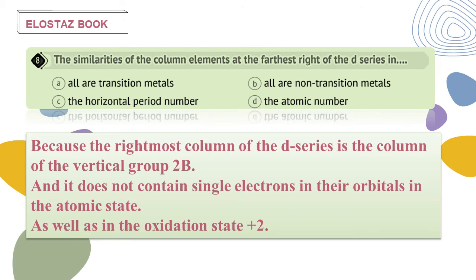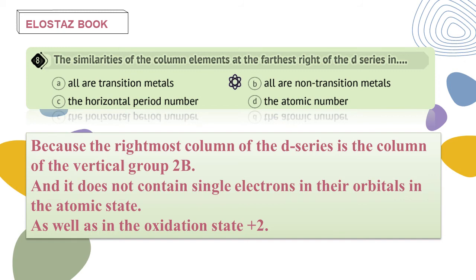The last will be 2B, and it doesn't contain a single electron in its orbitals in its atomic state, and its oxidation number will be +2, so they are considered non-transition elements. We consider this the only property, so they are non-transition elements. This is the reason that we choose this one.